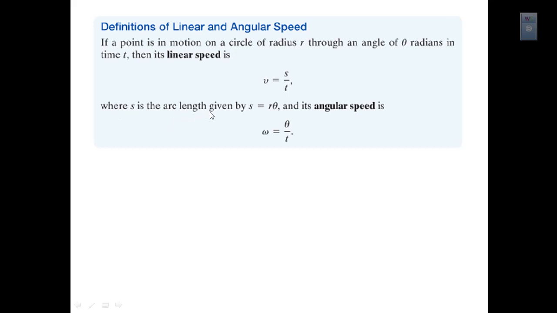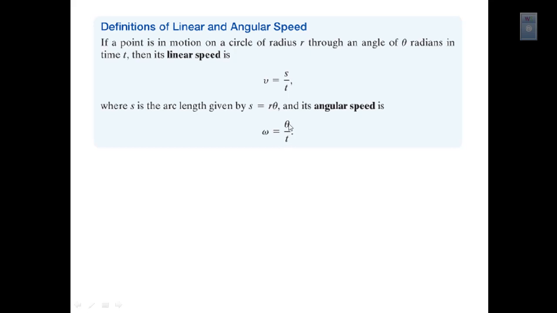Where s is the arc length given by s equals r theta, and its angular speed is omega, that is lowercase omega. This is lowercase omega, so omega equals theta over t.